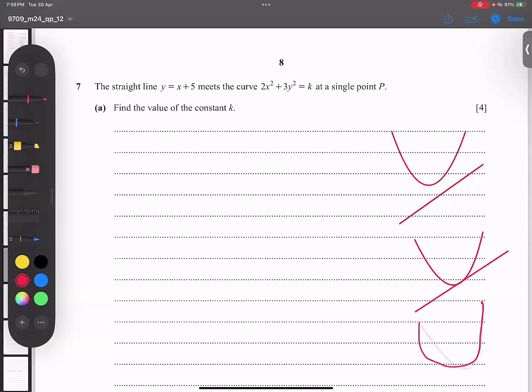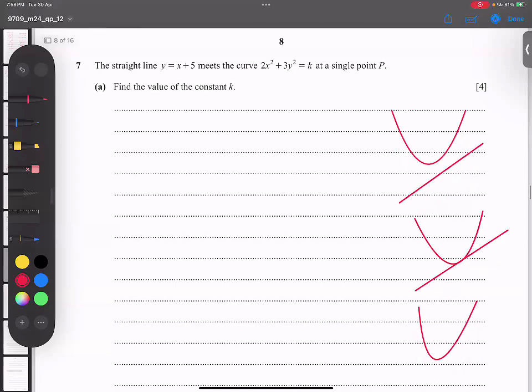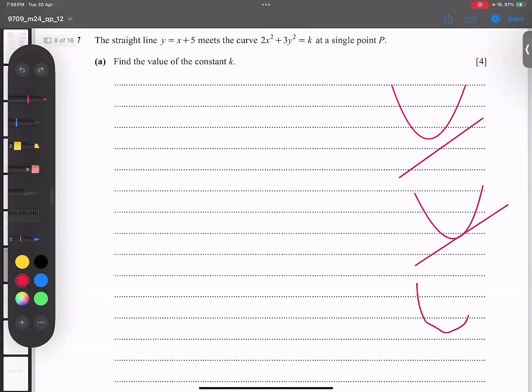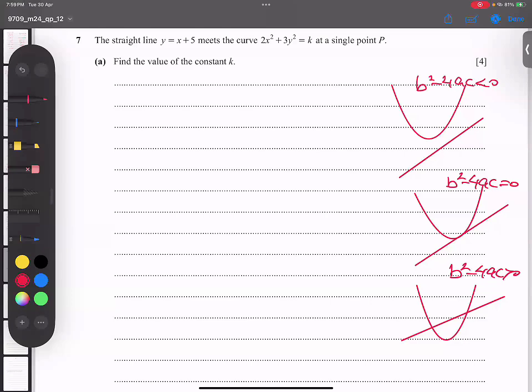And the third condition is when it's cutting. So this is the first option: b squared minus 4ac less than 0. This option: b squared minus 4ac equal to 0. Here, b squared minus 4ac bigger than 0.